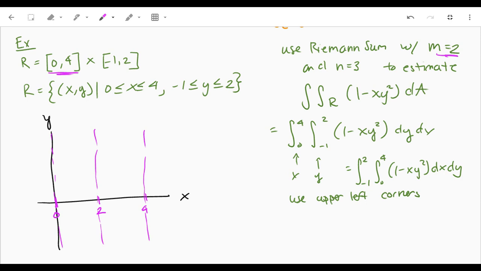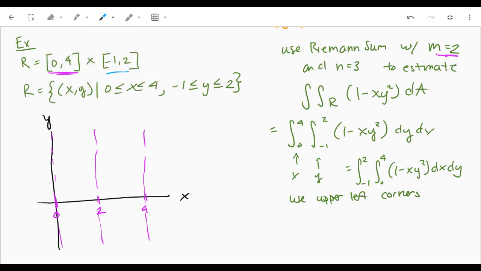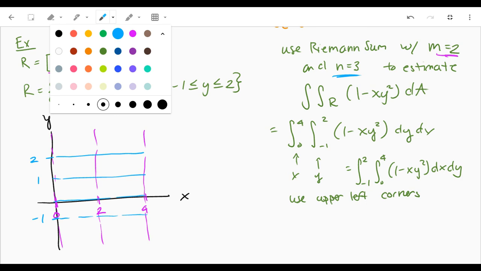And then your y's go from -1 to 2, and we're supposed to divide it into 3 sections. So -1, 0, 1, 2. So you can see we made this grid here that's going to help us organize our work.